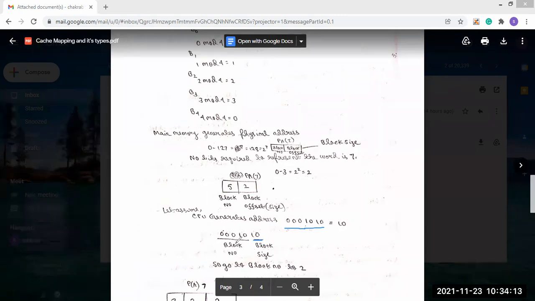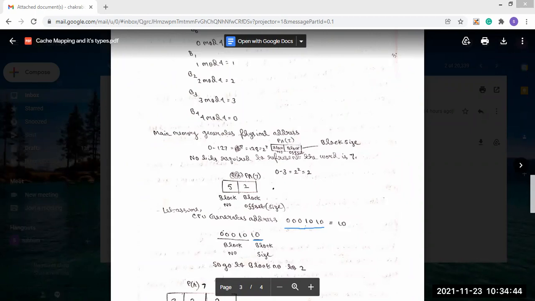The block number is 00010, and if we convert it into decimal, it represents 2. That means we have to go to block number 2.